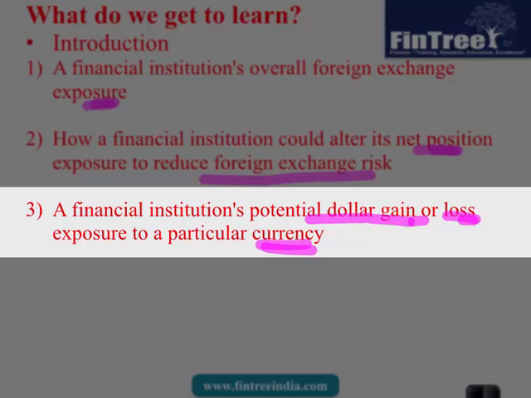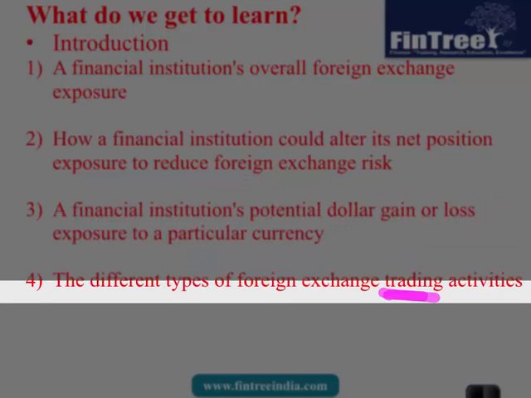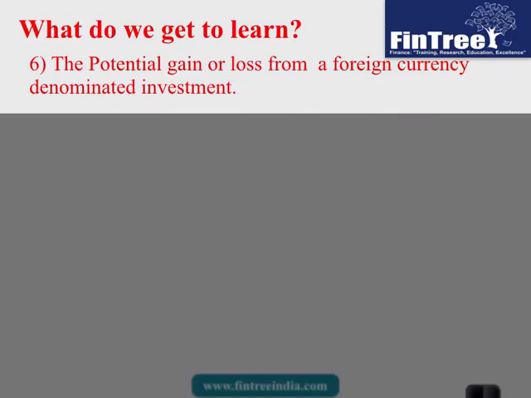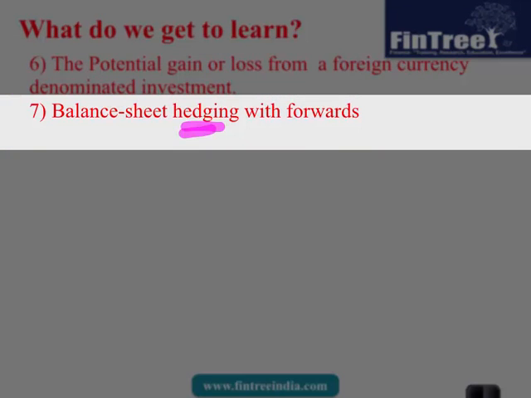So you have an exposure and the currency moves, and you would be required to calculate the amount of gain or loss. Different types of trading activities, sources of those gains and losses from trading, then gains and loss from a foreign currency denominated investment. So a US investor investing into European markets, how do you find out the gains or losses there? Then balance sheet hedging and off balance sheet hedging, both of them.